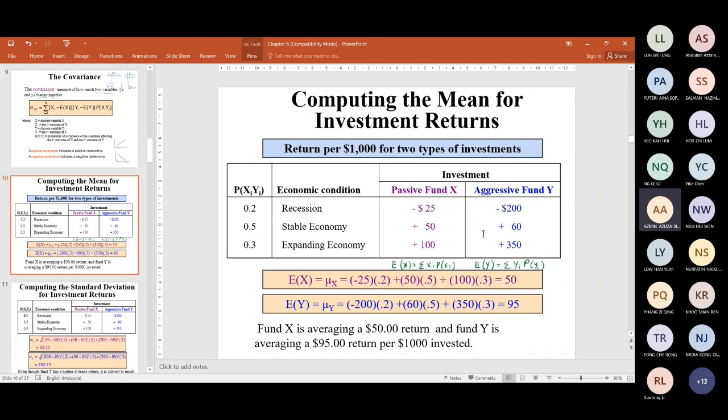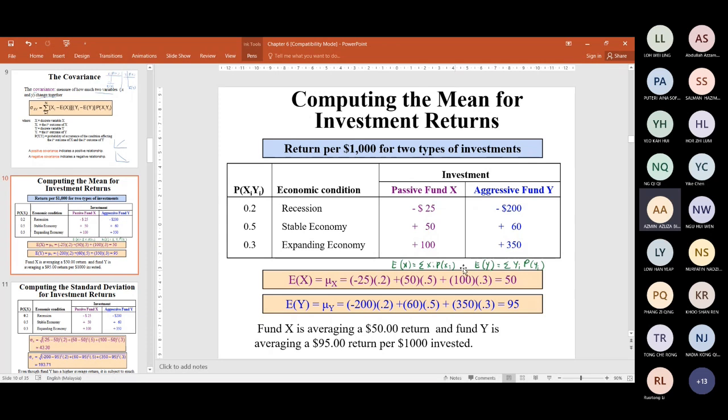For fund Y, the expected value is each of these Y values multiplied with its probability, the probability for both variables. So it's negative 200 times 0.2, plus 60 times 0.5, plus 350 times 0.3. If you have negative, put negative. You get 95.